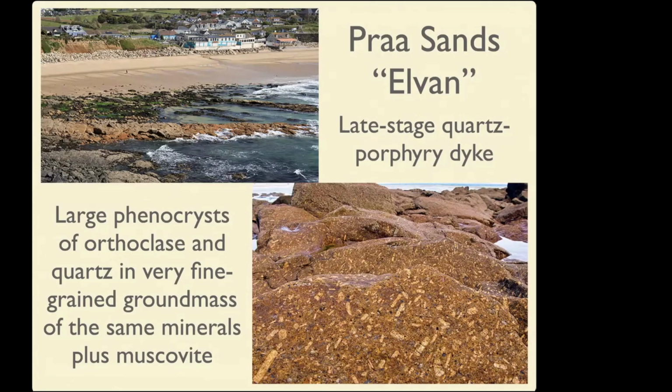It's a quite fine-grained rhyolitic matrix, but with big feldspar phenocrysts, and there's also a lot of big bits of quartz in there as well. They're very distinctive, and they weather to this brown colour. They all follow a very similar trend, and you find them all over the Killas, all over the Gramscatho beds.